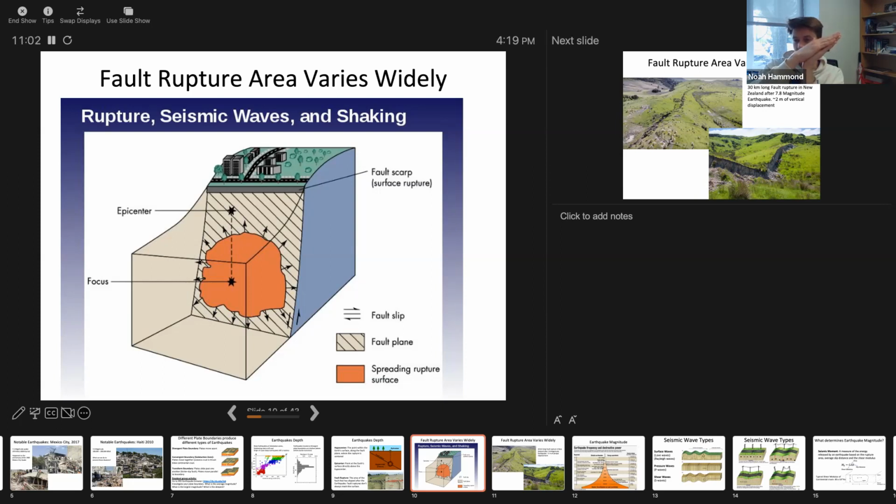Maybe your palms are the first thing to slip, but then the rupture area propagates, and then maybe your fingers are the next things to slip, right? So initially it's just your palms, so that's the focus and where the rupture zone starts, and then boom, the rupture area propagates, and more of the fault starts splitting apart.